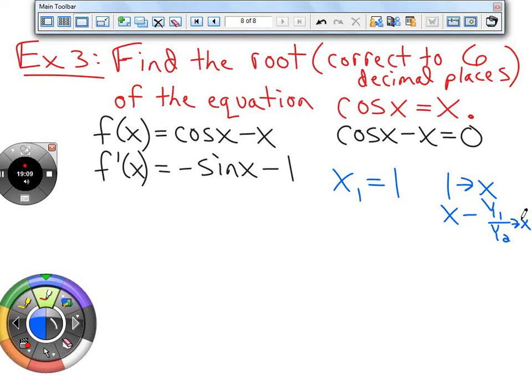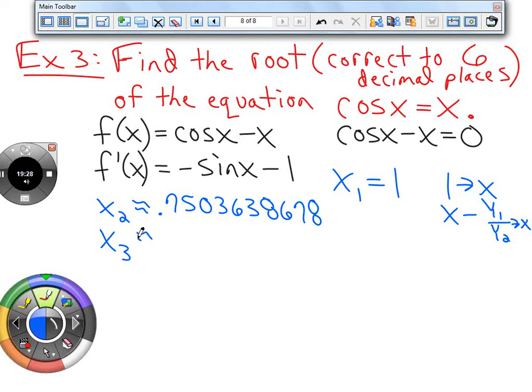So I did that for this problem, and I got x sub 2 is approximately 0.7503638678. And then for x sub 3, I got approximately 0.7391128909.